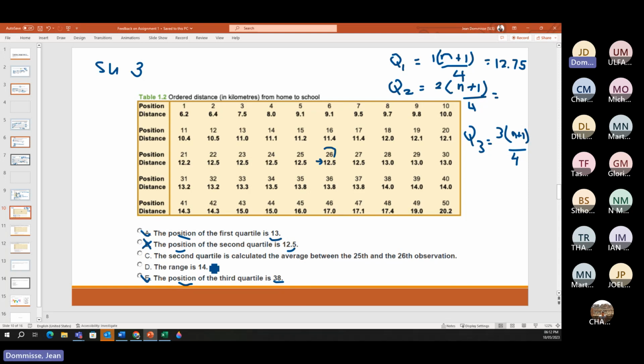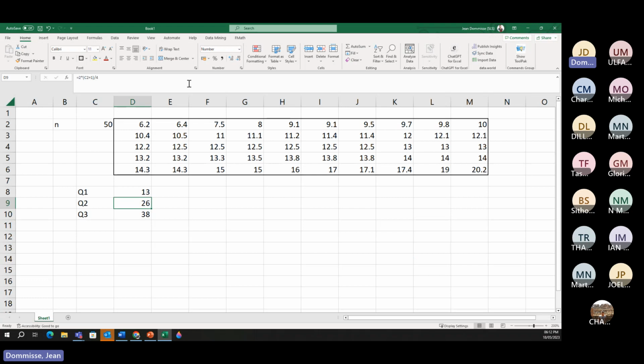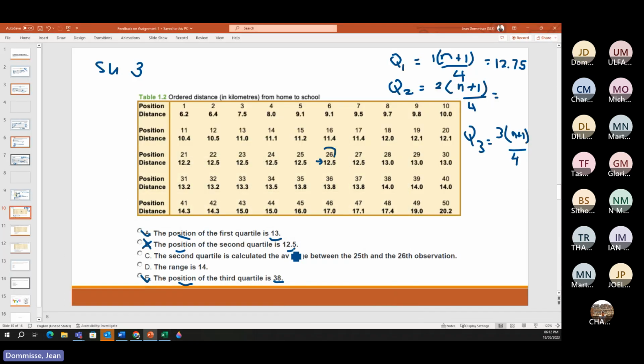The second quartile is calculated with an average between 25 and 26, which is correct. So again, if we have rounded that off, it would have been 25.5, which is in the middle of the two. So in the middle of the two, that is quartile 2.